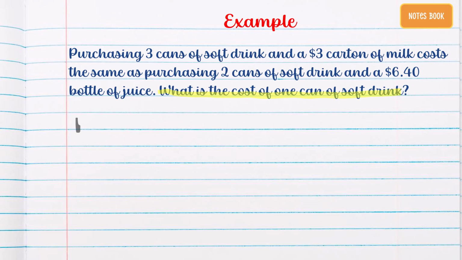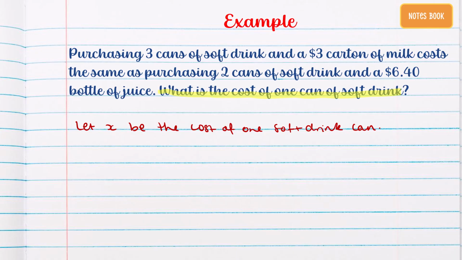In this case, defining my variable, I'm going to say let X be the cost of one soft drink can. That way we've defined that variable. Now we've got to figure out how to actually make our equation.